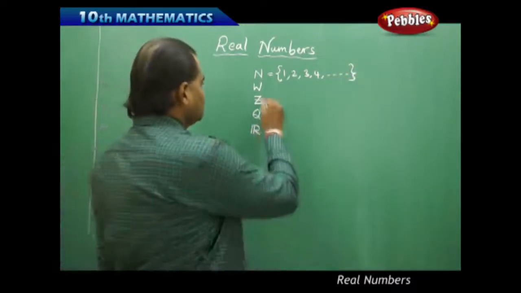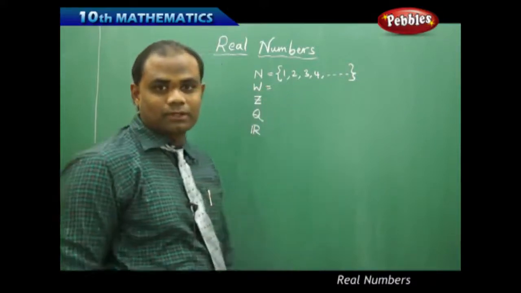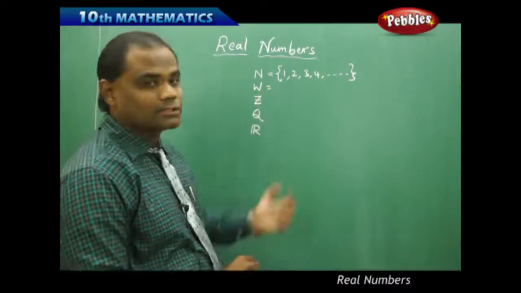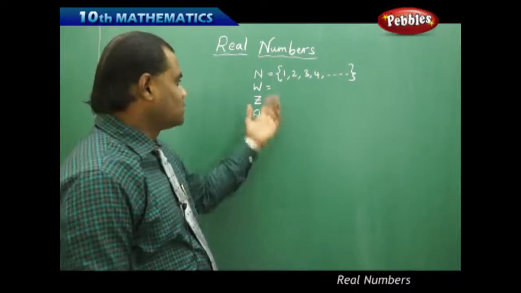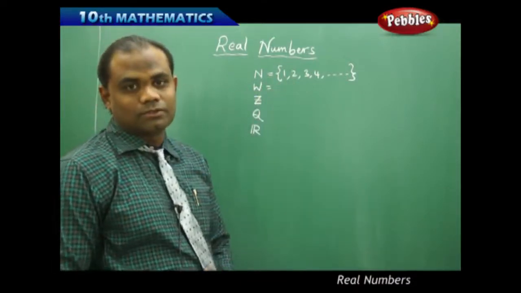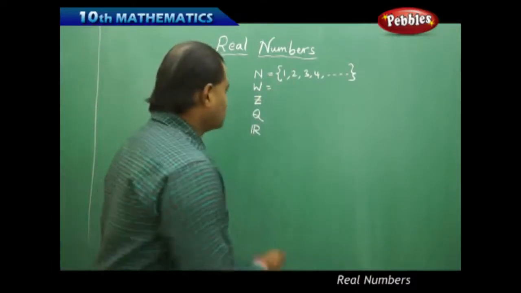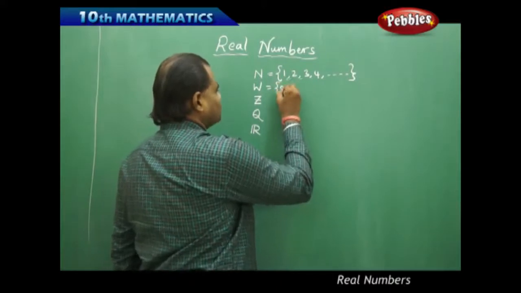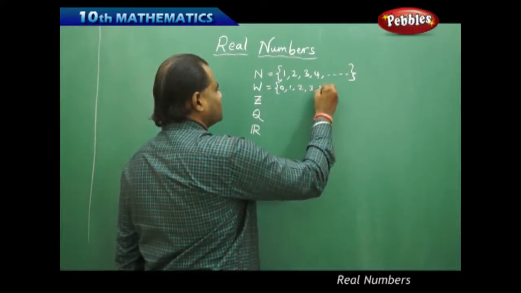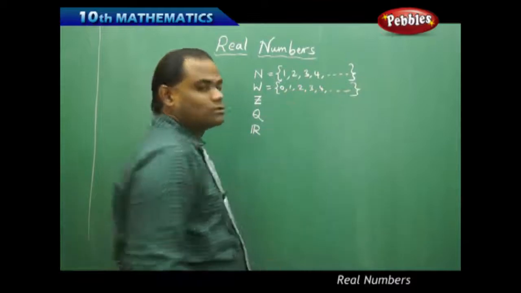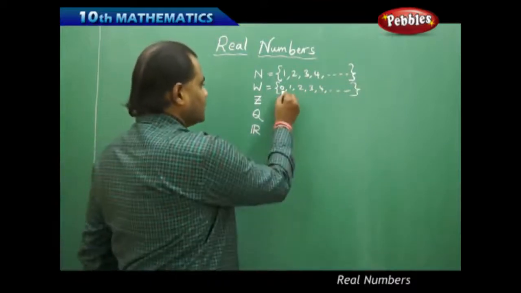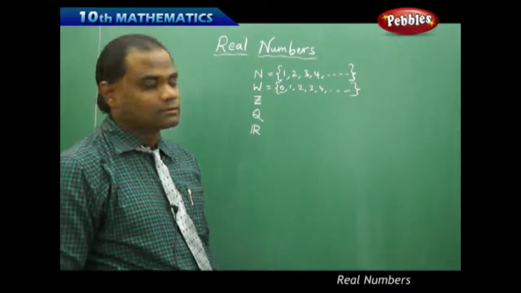Similarly, when I start with whole numbers, the only difference is that it has an additional 0 along with all the natural numbers. So if 0 is included with the natural numbers, I get whole numbers in the form 0, 1, 2, 3 and so on, 0 being the additional element.